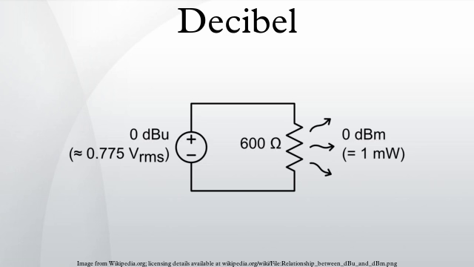The unit is an additive function, which means that the overall gain of a multi-component system, such as a series of amplifier stages, can be calculated by summing the gains in decibels of the individual components, rather than multiplying the amplification factors.